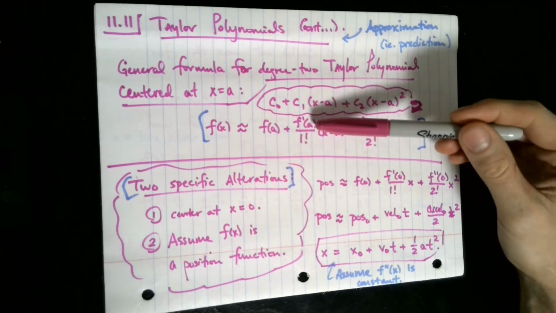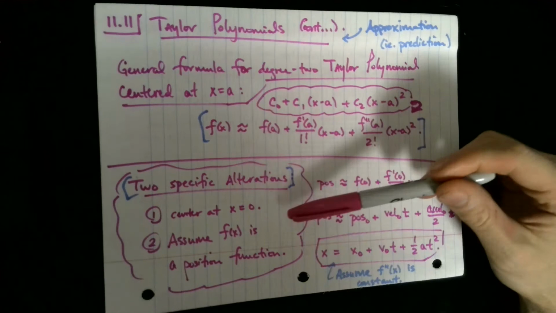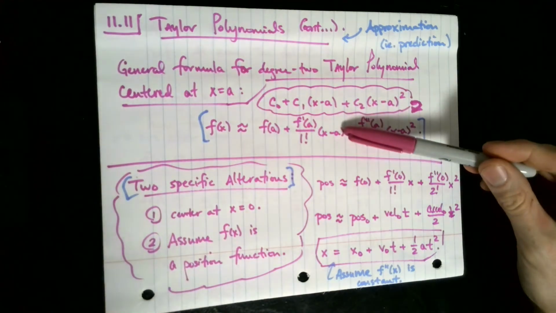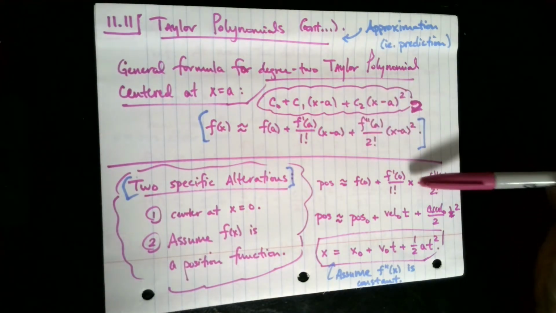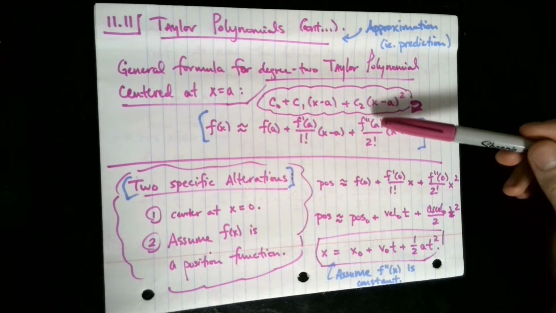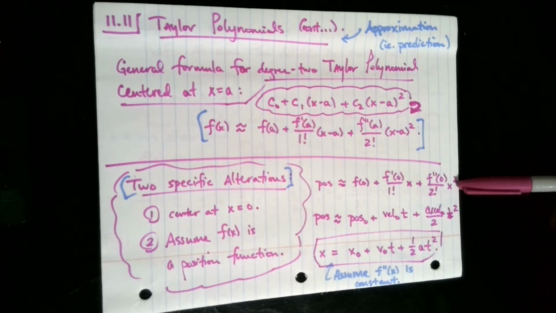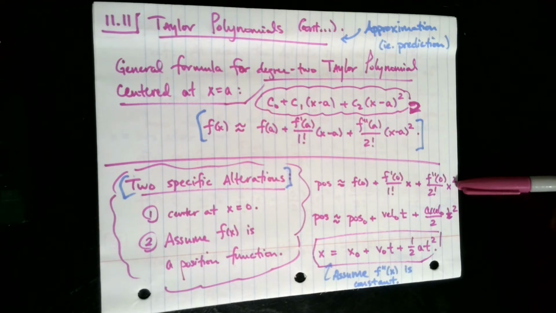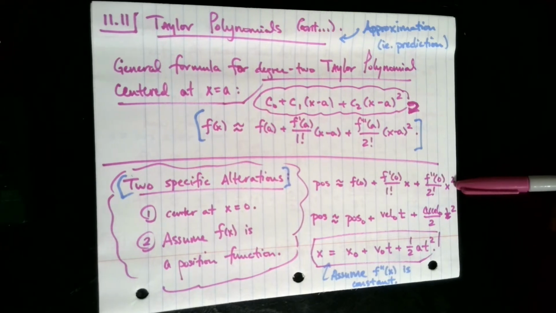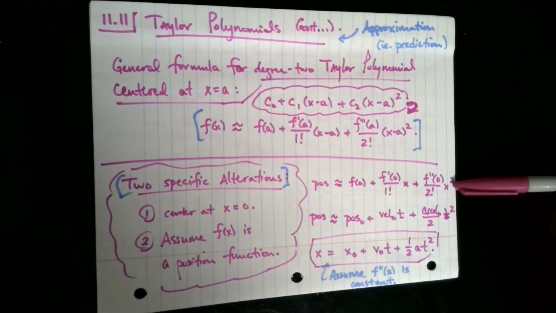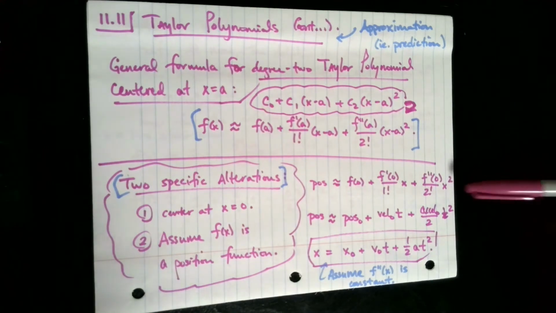Note, here we're letting a equal 0, because we're centering our logic at 0. And just as well, x minus a becomes x minus 0, which is just x. Here we have f double prime at 0 over 2 factorial times x squared. So here we are at the degree 2 Taylor polynomial approximation of a position function centered at x equals 0.